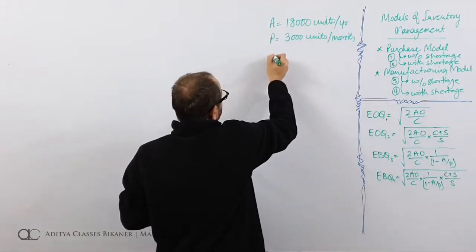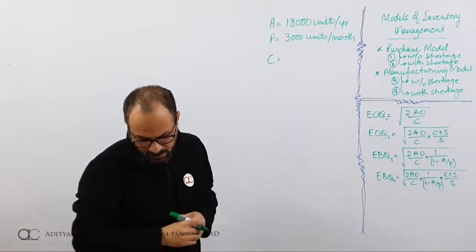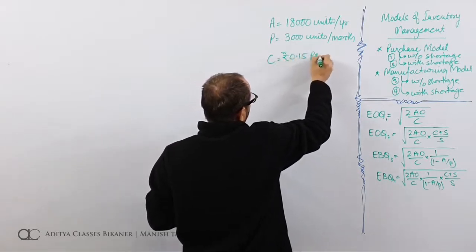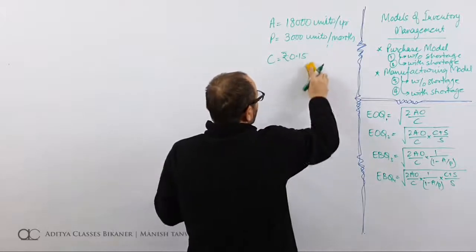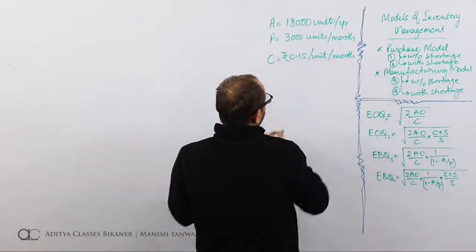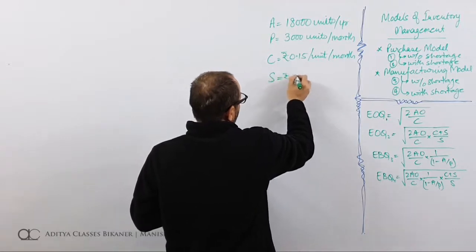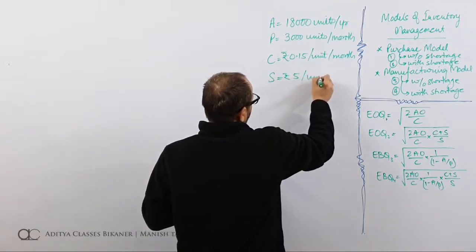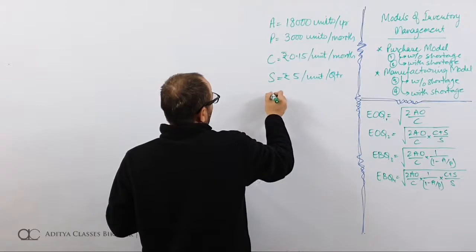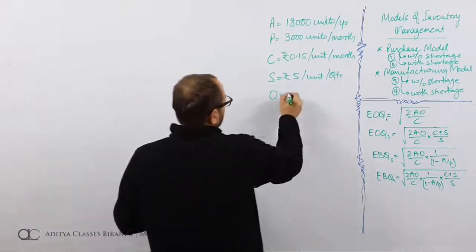Then there is carrying cost, given as rupees 0.515 per unit per month. And then there is shortage cost, which is rupees 5 per unit per quarter. And finally we have an ordering cost or setup cost, which is 500 per setup.